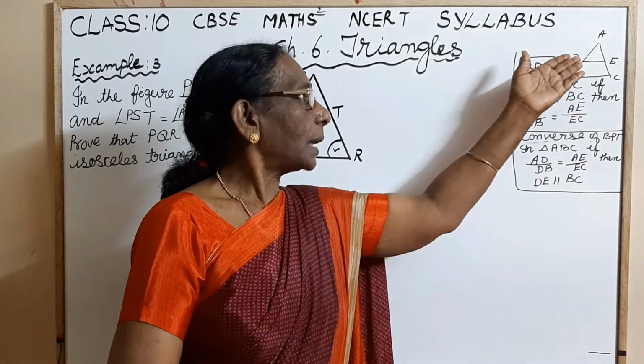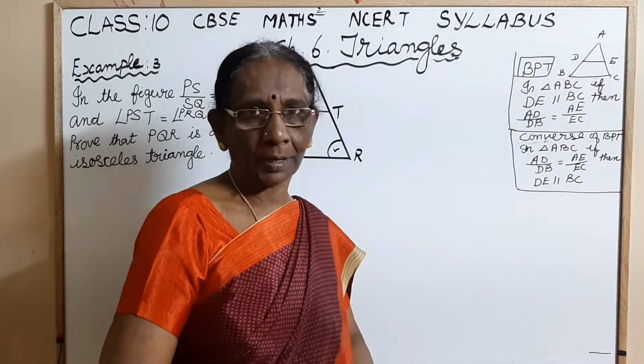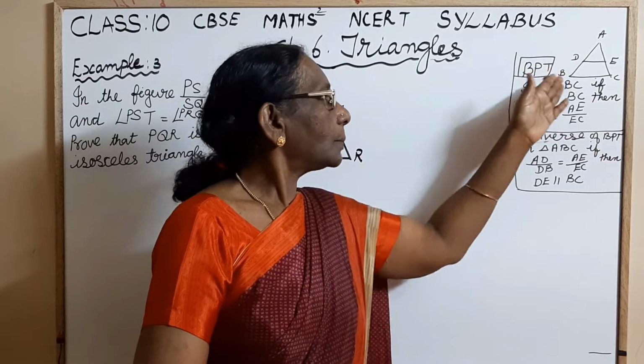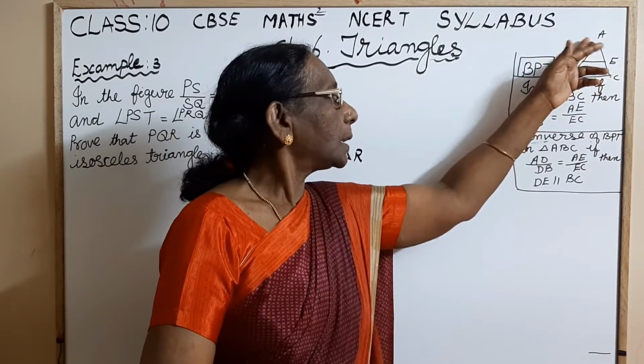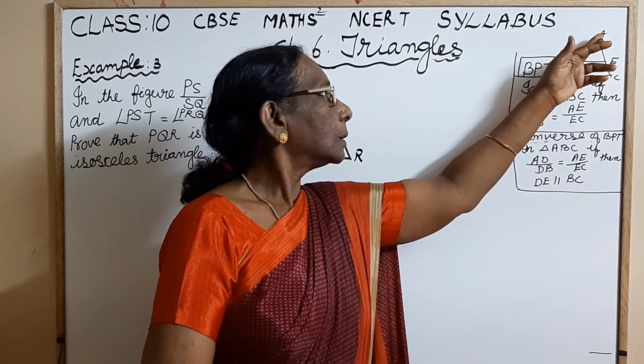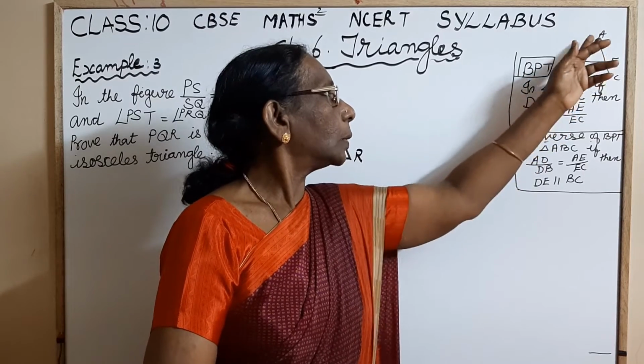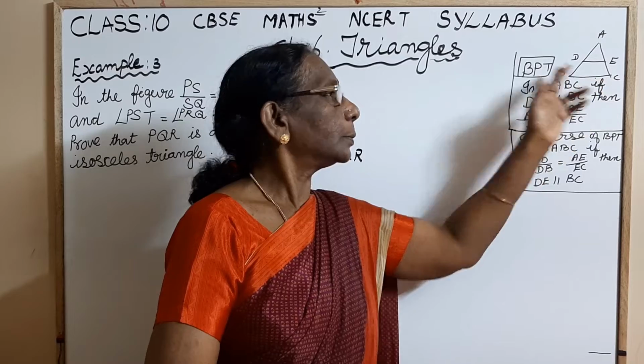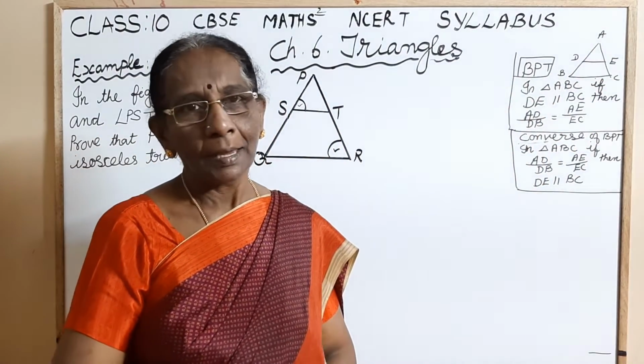So if parallel is given, the ratios are equal. And what is the converse of BPT? In the same triangle ABC, if the ratios AD by DB is equal to AE by EC, then DE is parallel to BC. Isn't it, children?